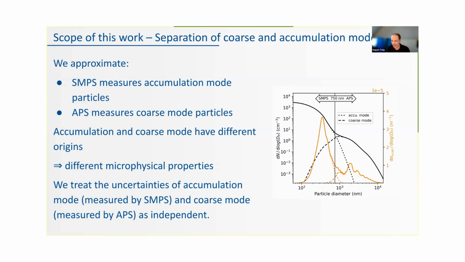I again showed the contributions of the accumulation mode and the coarse mode by these dashed lines, and now it is, I think, pretty convincing to split the size distribution at this diameter at 750 nanometers. There's only little contribution of the accumulation mode to the larger particles, to the APS measured side, and the other way around.